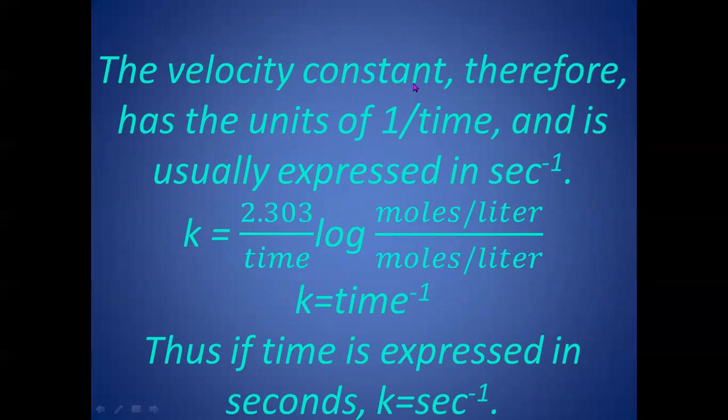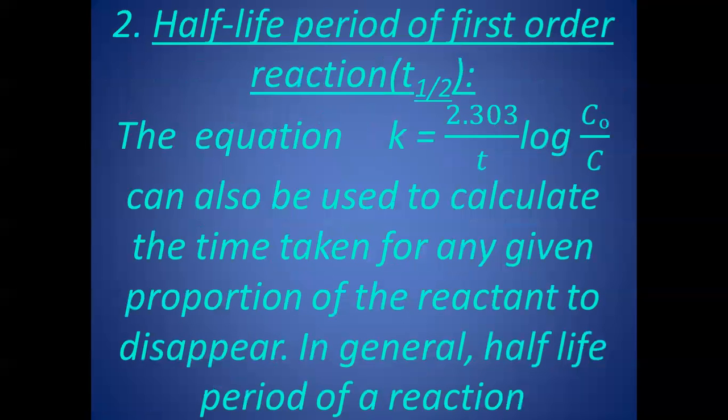The velocity constant, therefore, has the units as 1 by time. It can be expressed as per second, because second is the unit of time. Therefore, finally, the unit of K, that is rate constant, is per second for first order reaction.